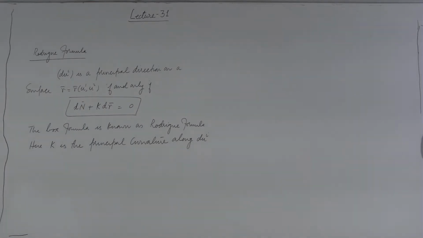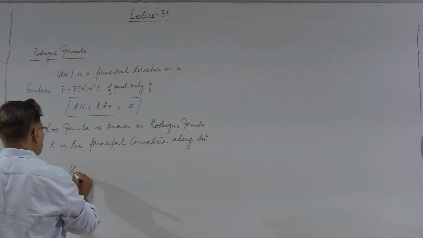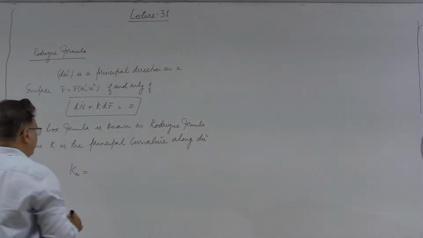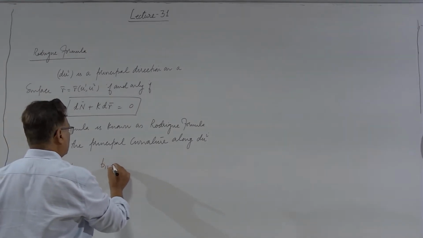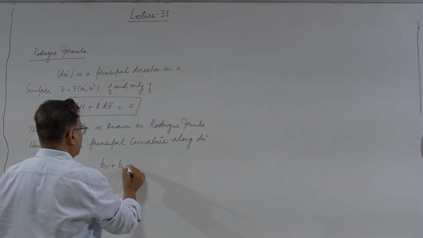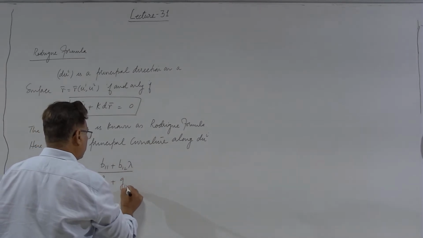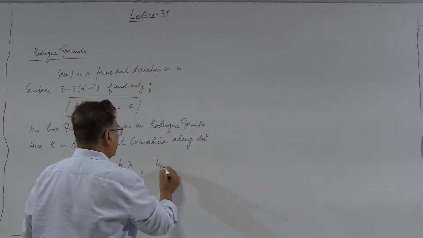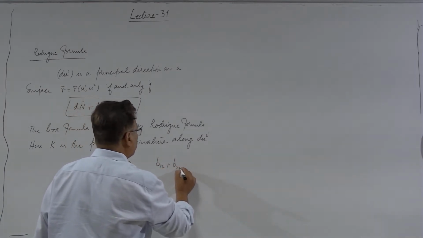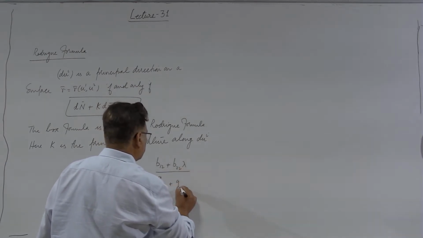Now, in order to prove this formula, I will recall a relation that we had for a principal curvature kn. If you recall, we have proved that kn is given by b11 plus b12 lambda upon g11 plus g12 lambda, and this was also equal to b12 plus b22 lambda upon g12 plus g22 lambda.